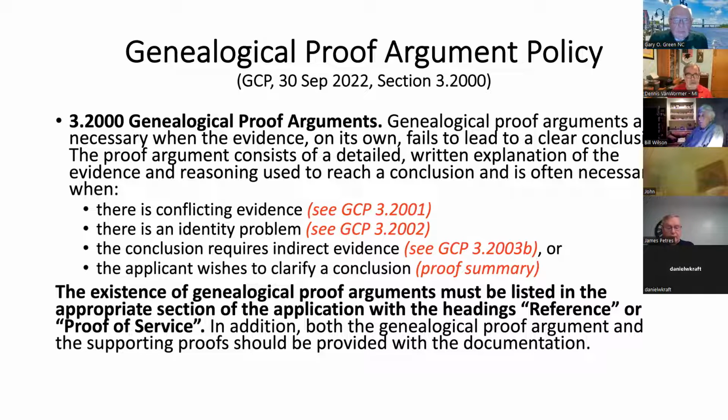The 4th one, there's kind of a borderline situation that some of the application preparers feel that it's not quite a full-blown proof argument, but they've got maybe 3 or 4 pieces of evidence, and you could make the case that the conclusion is obvious, but maybe it's not going to be obvious to everybody, or maybe there's some nuance in the narration that the preparer wants to make sure he gets the point across.